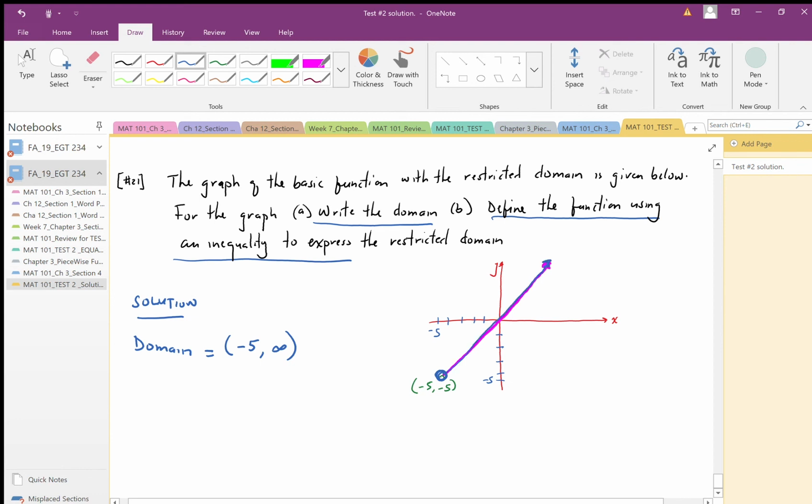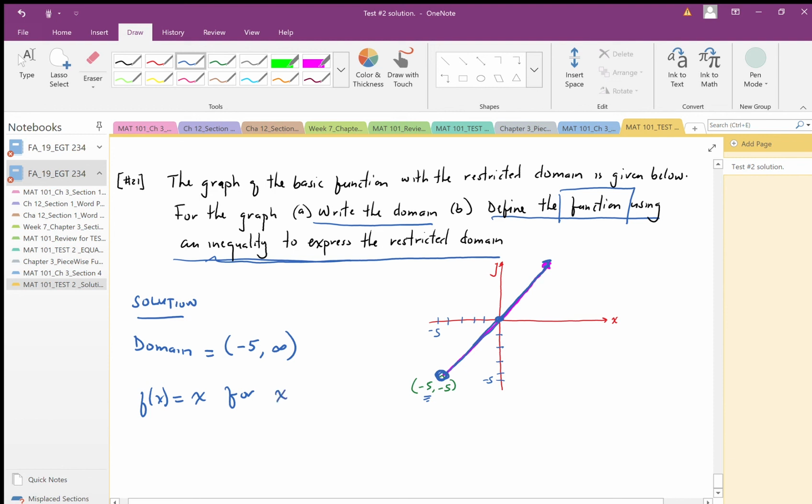And then now the actual function itself, because they want us to define the function and use an inequality to express the restricted domain. Well, this is just a linear line, and it goes through 0, 0. So your f of x equals x. Now, for the inequality part, the restriction on the domain, our x component is going to be -5, right?